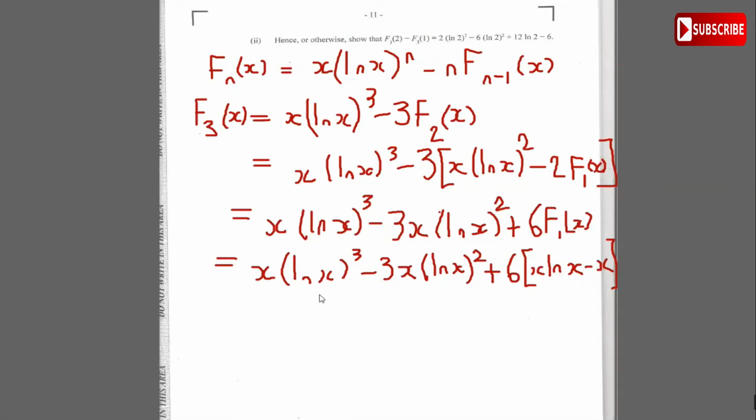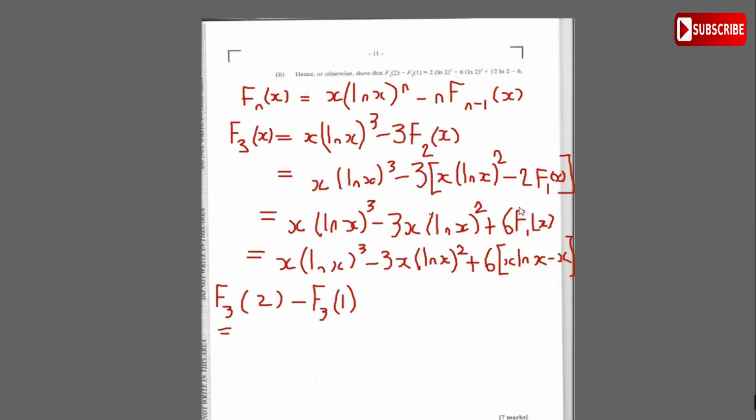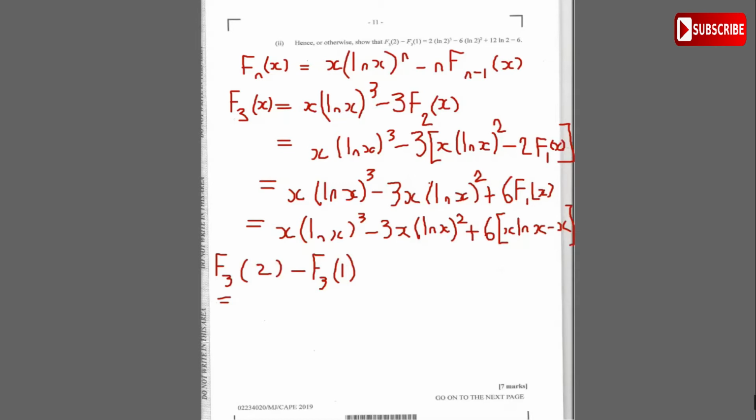So now we have f3(x). This is the formula for f3(x). Now that we have the formula for f3(x), we can find f3(2) and subtract f3(1). So f3(2) minus f3(1). f3(2) means we're plugging in x as 2 now.